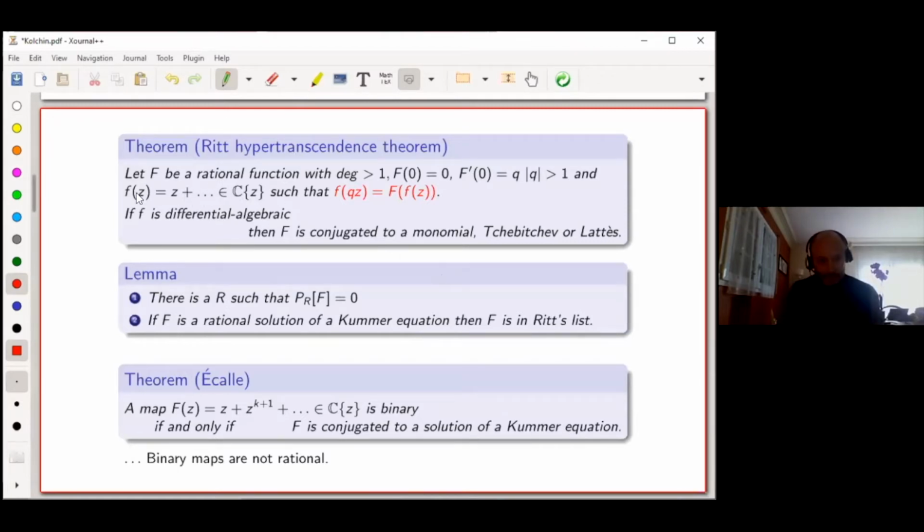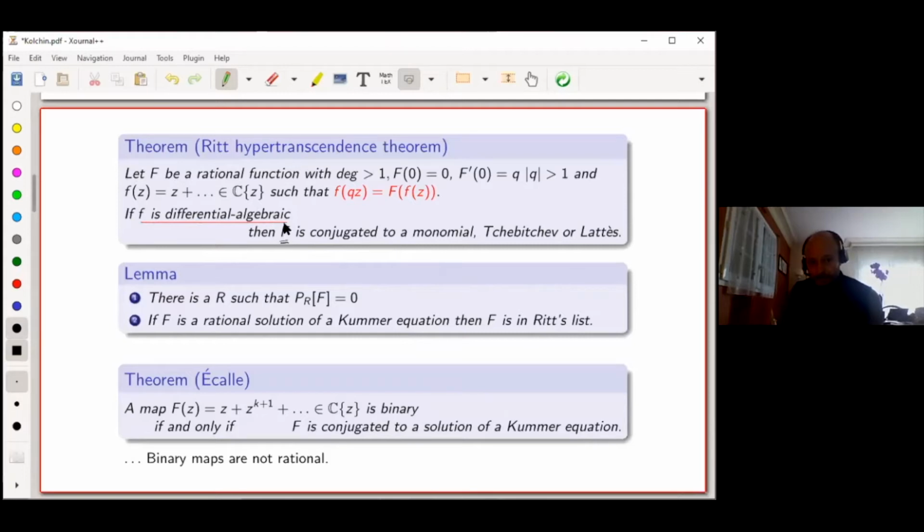So the existence of such a solution is a theorem from, I think, Koenig's, maybe Poincaré. And then you had this condition that f is differentially algebraic. Then if you had that, you will have very few possibilities for your f here.